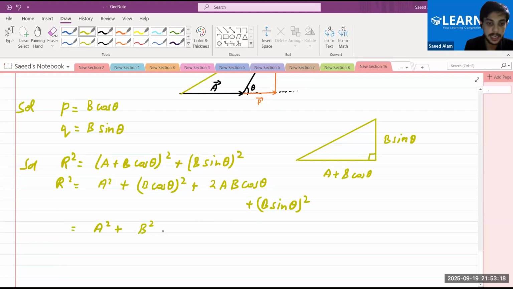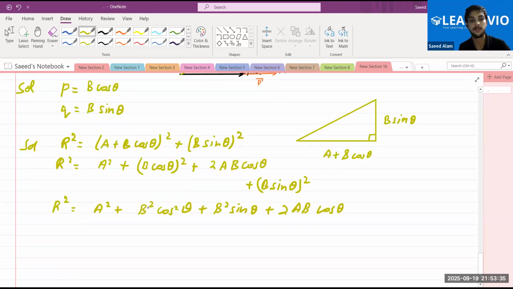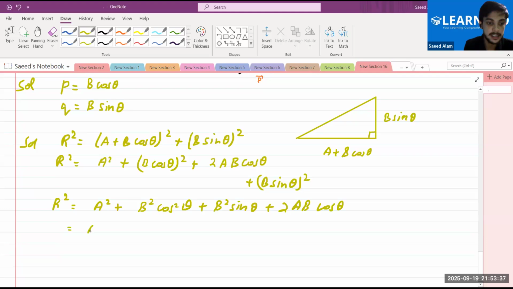A square, I'll get b square cos square theta, and b square sin square theta here, and the 2ab cos theta here. I just rearrange the things a little bit. Yes or no? Yes. And the good thing I can see here is that I can take the b square common in these two terms.